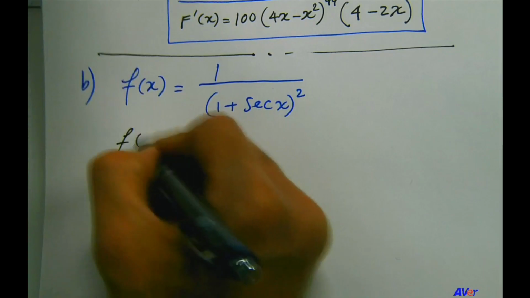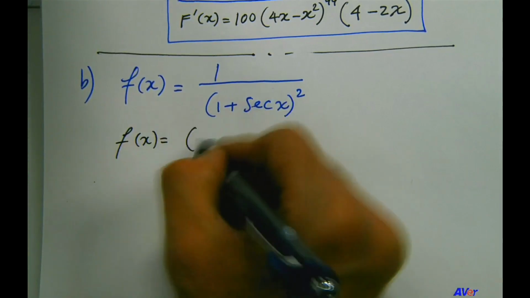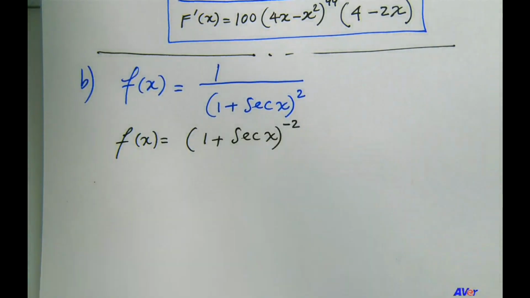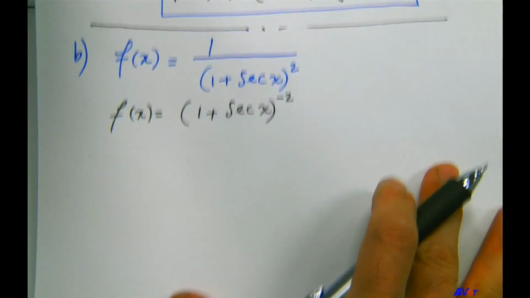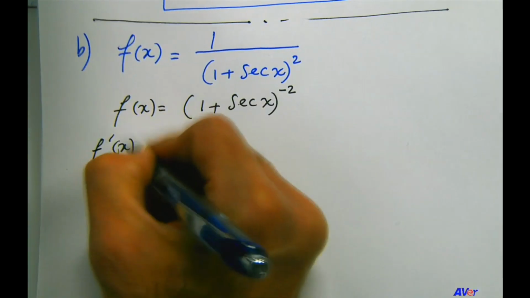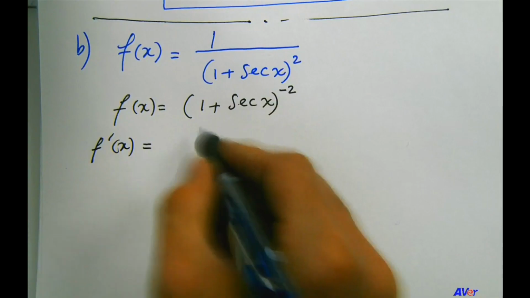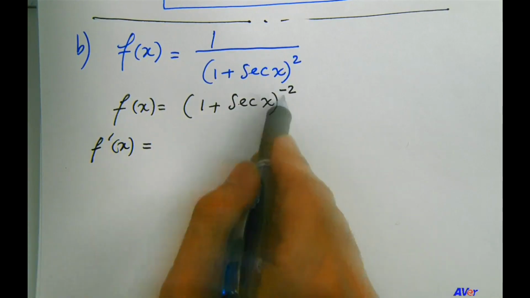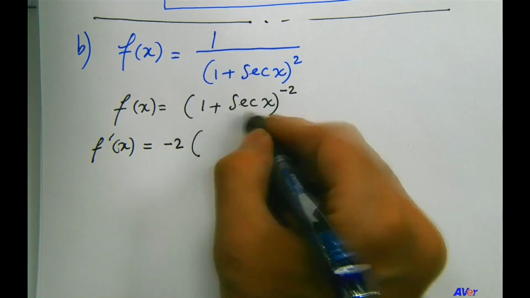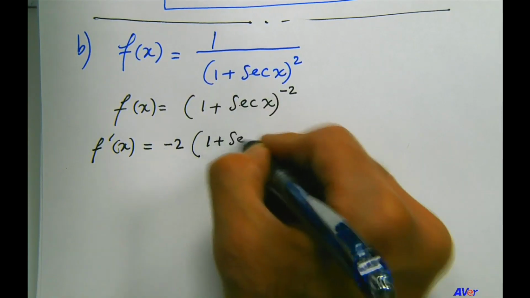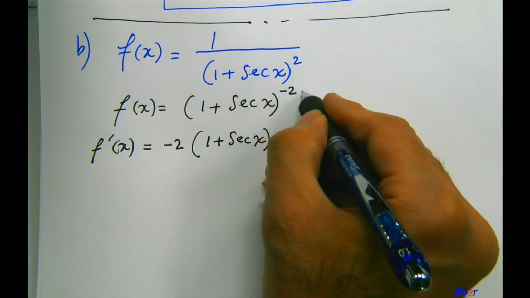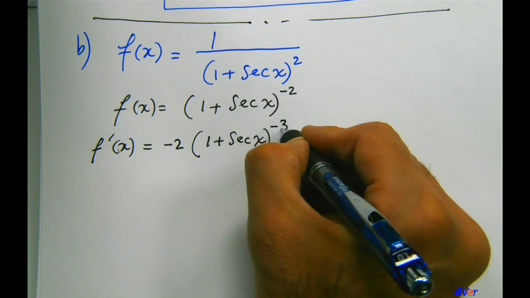Let's do that. So the function f of x is equal to 1 plus secant of x to minus 2 power. Right? We can do that. Now let's find the derivative, or f prime x is equal to, this minus 2 comes in front, multiplies by all of that, 1 plus secant of x, reduce this by 1, minus 2 minus 1 becomes minus 3.